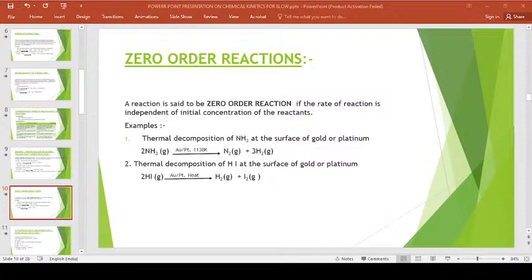Pi means initial pressure and Pt means total pressure. Pa, that is the partial pressure of reactant A, is found as twice Pi minus Pt.